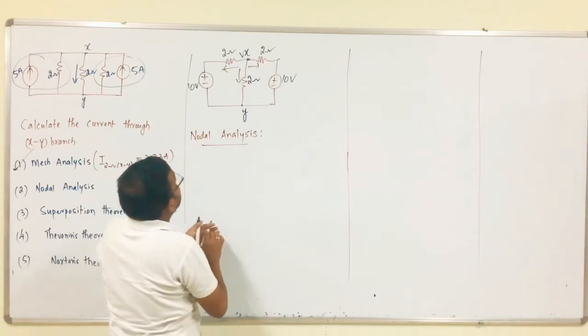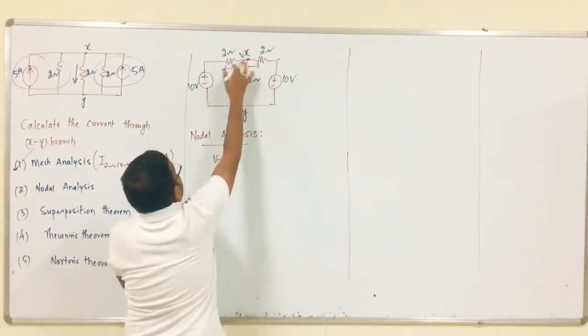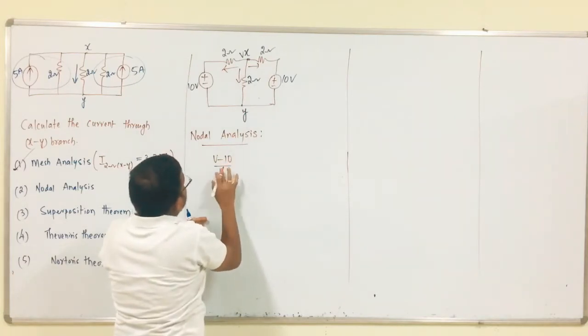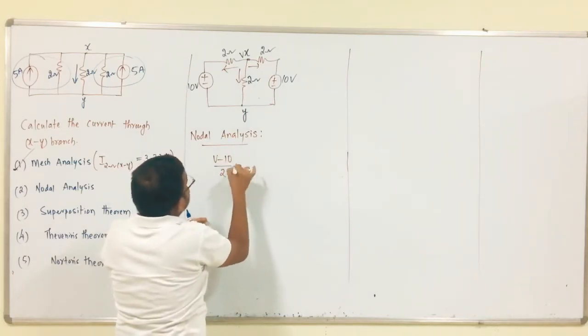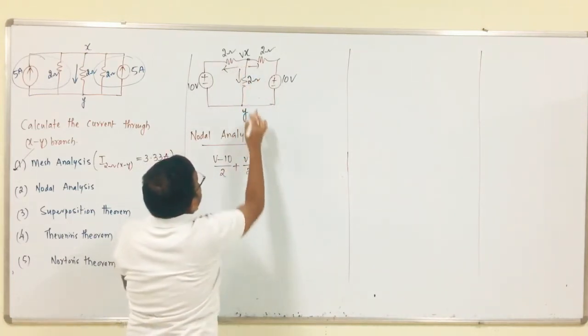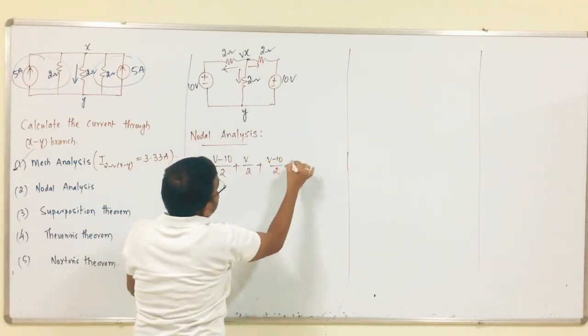From this, the voltage: V minus 10 by 2, what is the resistance? 2, plus another leaving current, V minus 0 by 2, plus V minus 10 by 2, which is equal to 0.